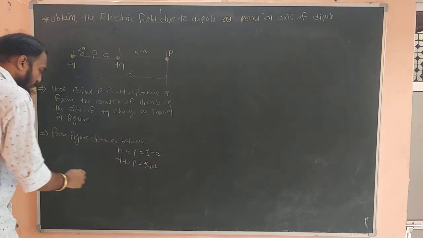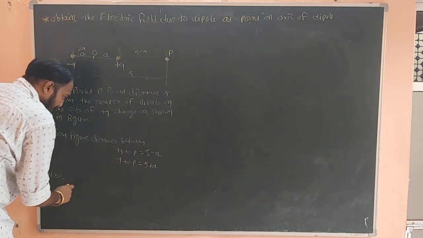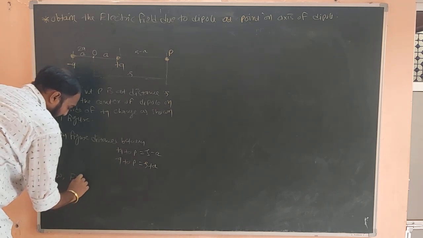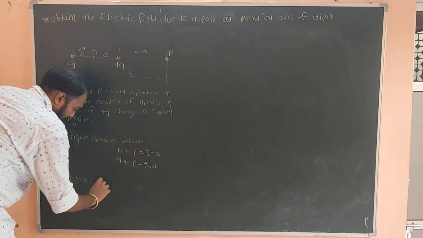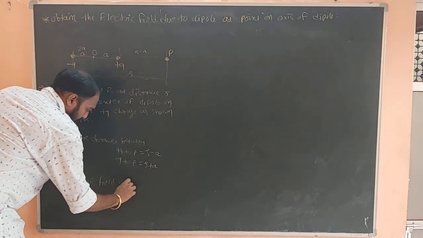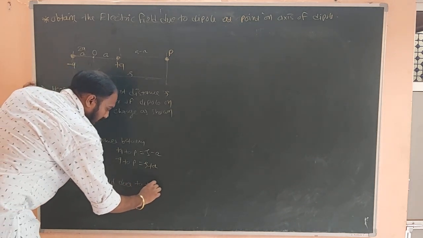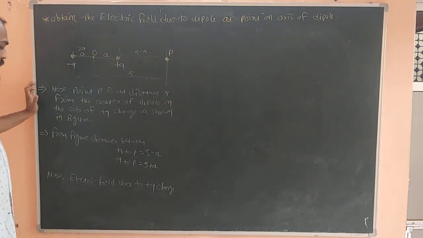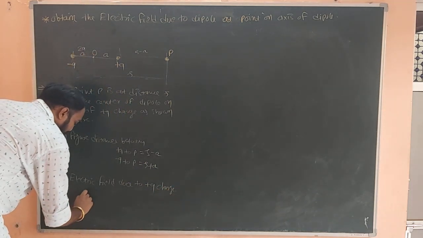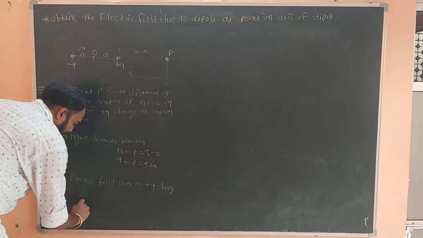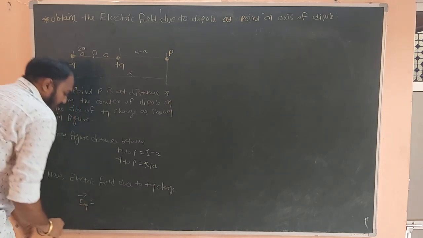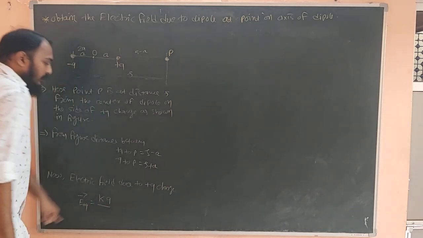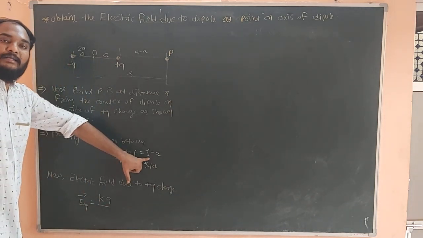Okay, now the electric field due to plus Q charge. So what is the electric field due to plus Q charge? Vector E plus Q is equal to KQ upon R square.